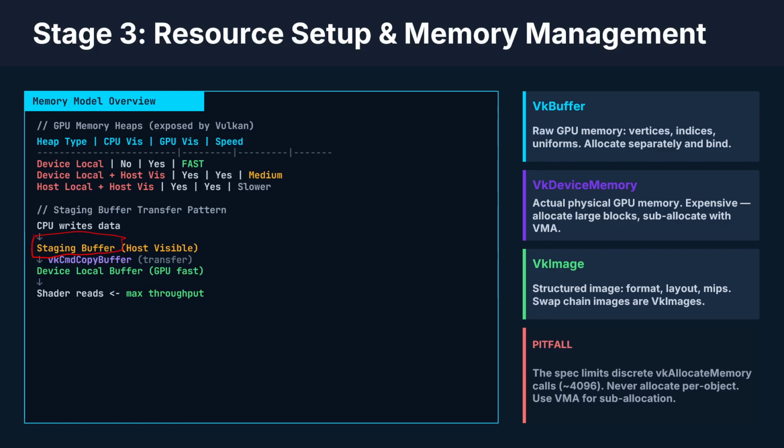You first create a copy of your large data here, and then you create a device local buffer and transfer into that. There are definitely two levels of copies, but this is much faster than just trying to use one type of memory.